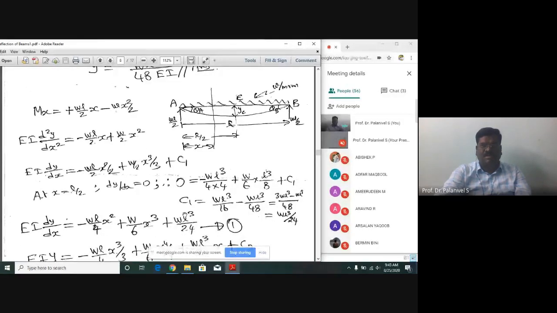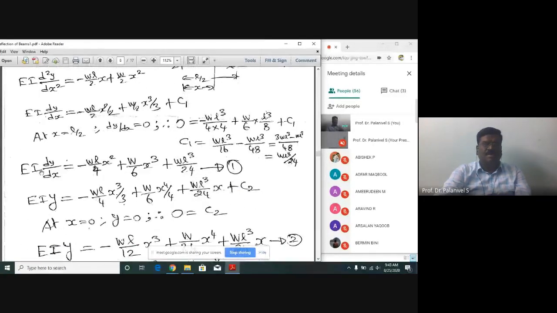C1 is equal to WL cube by 24. Therefore EI dy by dx is equal to, substitute in this. C1 you have evaluated. So this is the expression, equation 1, which is called the slope equation.